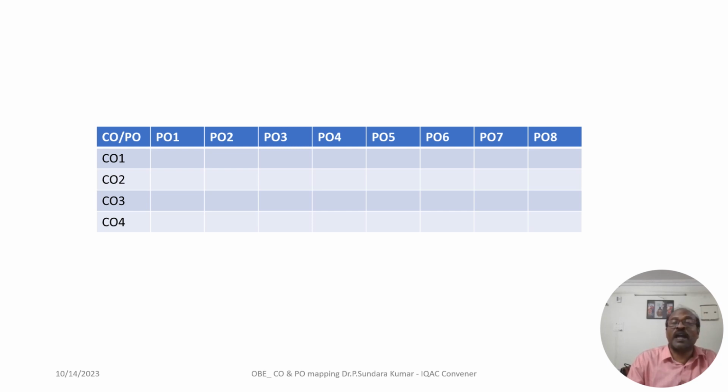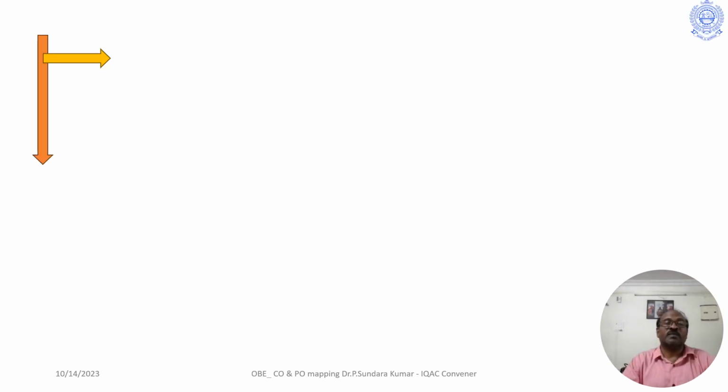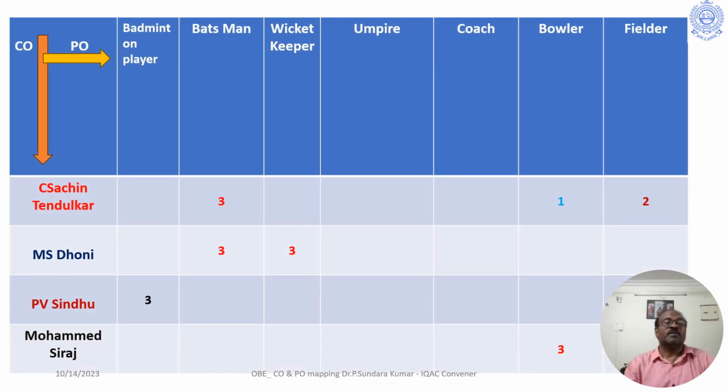I have given a live example, cricket and shuttle. So this is the way: Sachin Tendulkar is 3 as a batsman, as a fielder is 2, and as a bowler is 1.